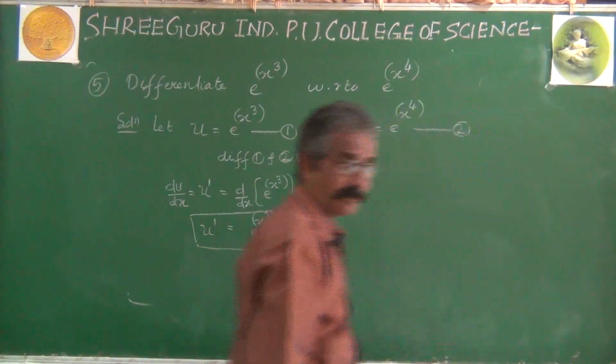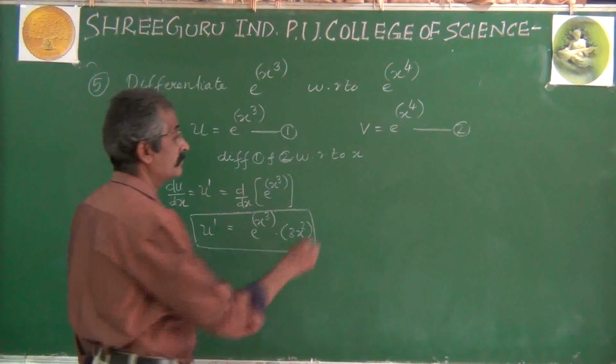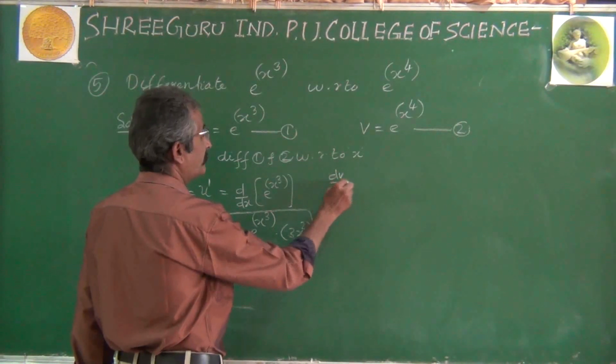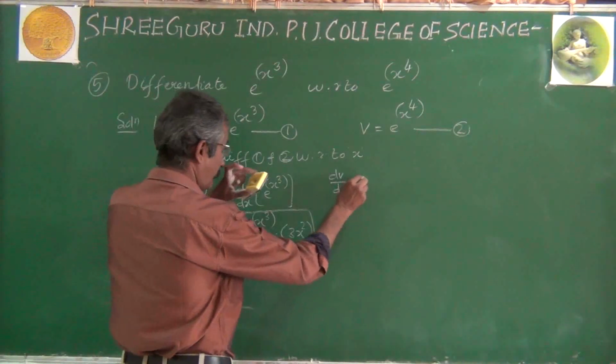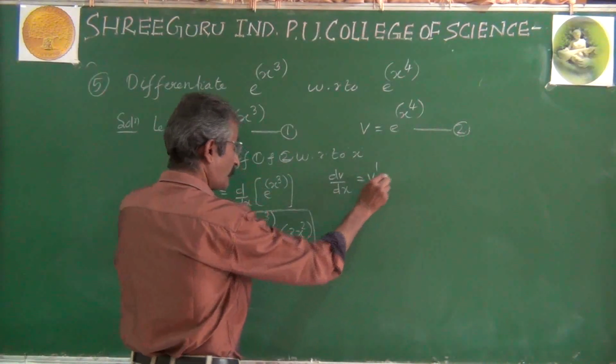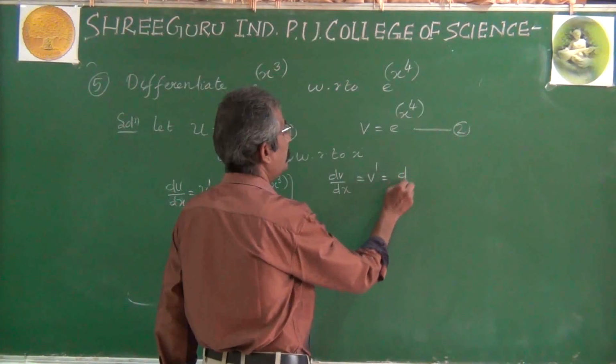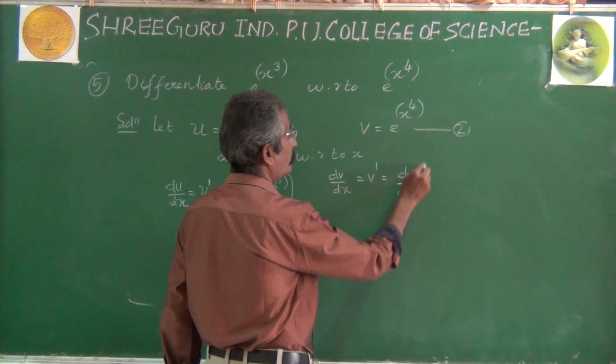Similarly, we shall now come to the v function. Differentiating 2 with respect to x, dv by dx or v dash. Right hand side, d by dx of e power x power 4.